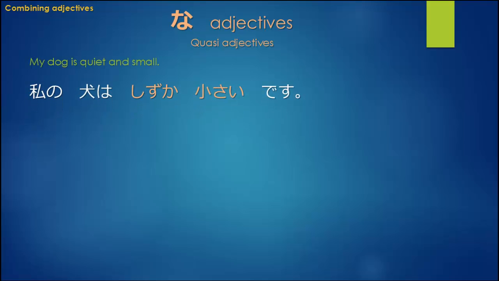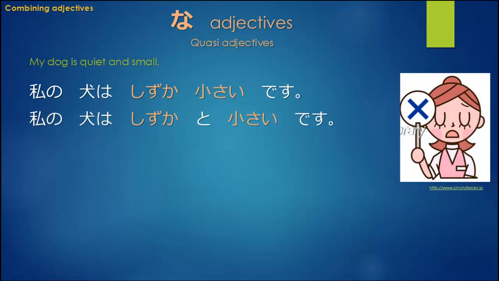Now let's look at the na adjectives. My dog is quiet and small. Now, we're specifically talking about the first adjective that we use being a na adjective. Okay, we know that the word for small is a true adjective. But for this purpose here, just to demonstrate how we combine a quasi with a true adjective, or quasi and quasi. The first one being a quasi. Okay, so it's not as simple as putting the two adjectives beside each other.